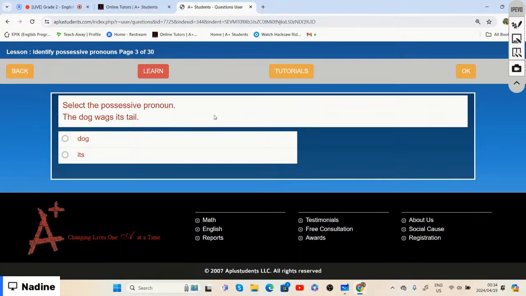Remember, the dog is a noun. You need to select the pronoun. It's the word that takes the place of the word dog. So dog is a noun, but now we need to select the pronoun, the word that takes the place of the noun. The dog wags its tail.